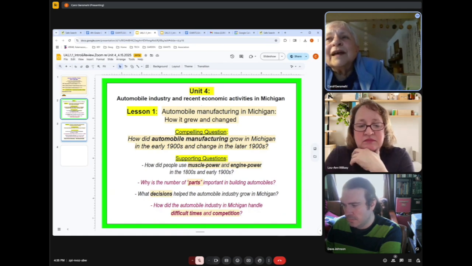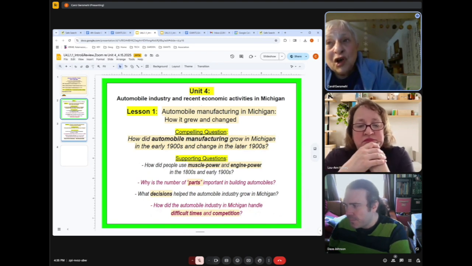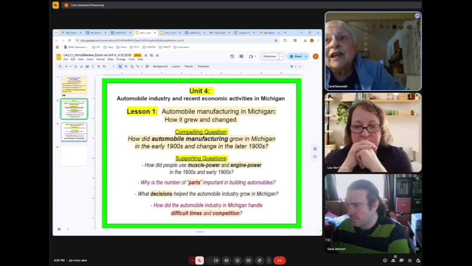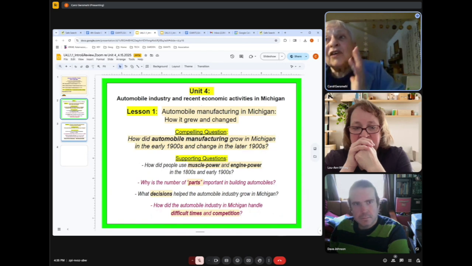Automobiles need a lot of parts. That is the second question. Why are we talking about parts? Why are they so important? And the issue is that the early cars, like the Model T by Henry Ford, they needed 10,000 parts. Today's cars need more than 30,000 parts.